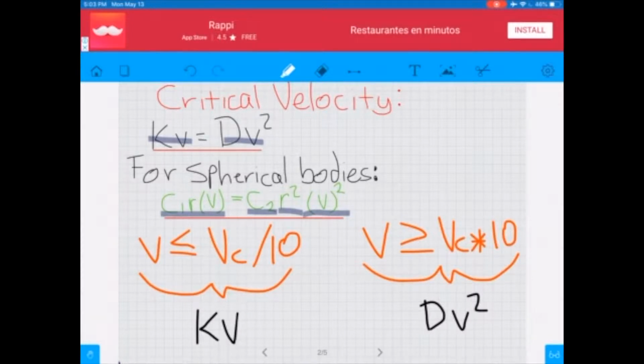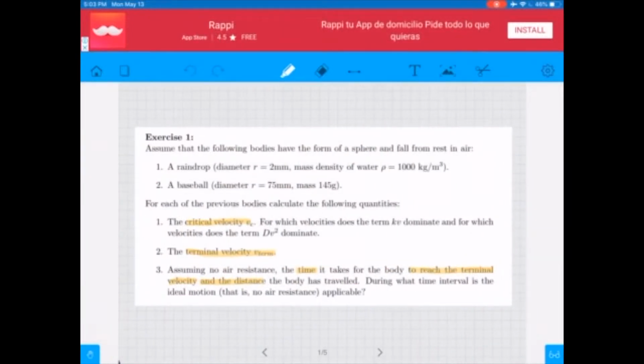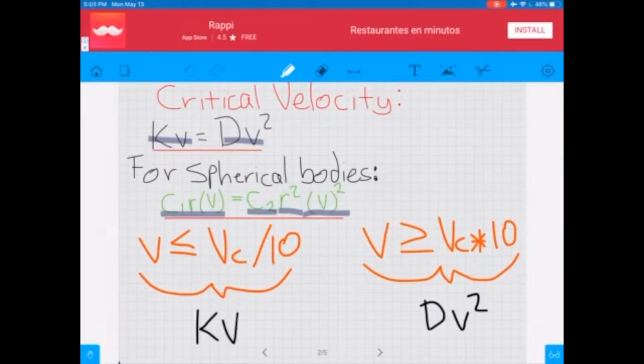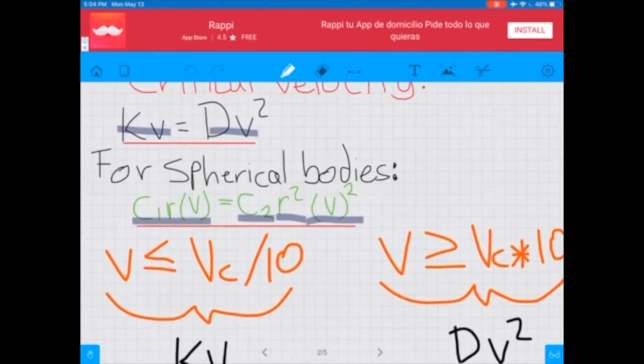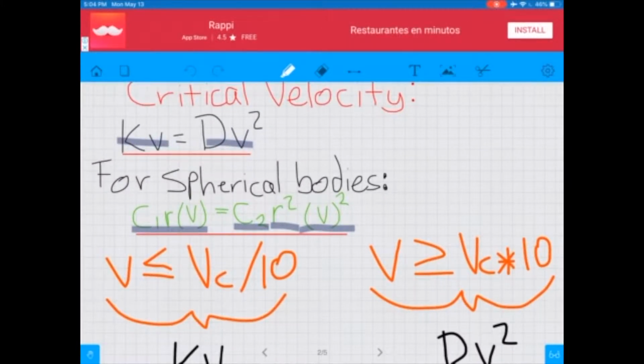Now in this case, since we're dealing with two spherical bodies, a raindrop and a baseball, the critical velocity is equal to our first drag coefficient times radius times velocity, equal to our second drag coefficient times radius squared times velocity squared.